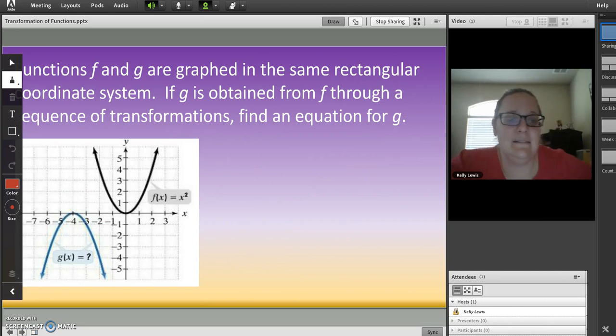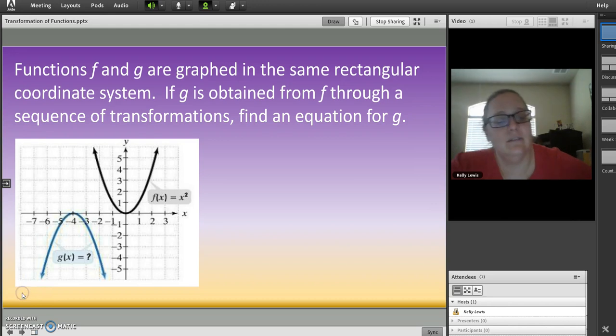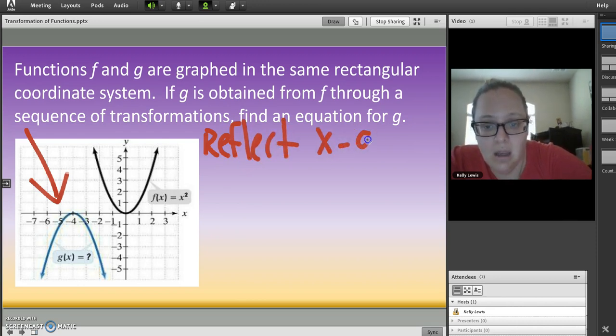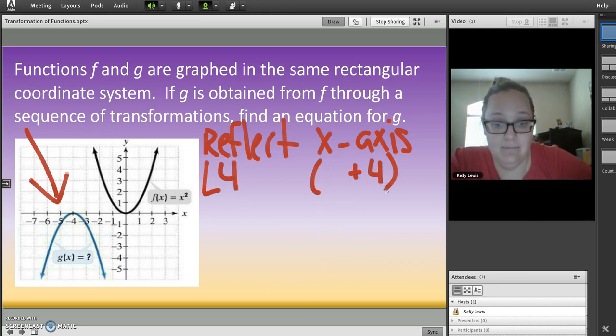Right here, we have 2 graphs, and we need to figure out the equation for that graph. So let's talk it through. So this is x squared. All right, we see it's reflected on the x, so it turns down. We see that it moved left 4, so that means on the inside it's going to be a +4, and it didn't move up or down.